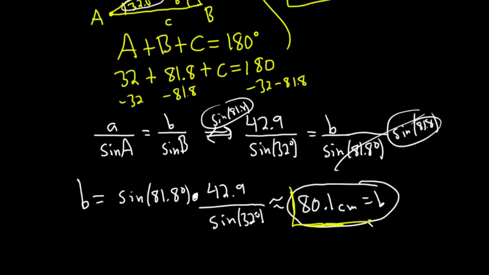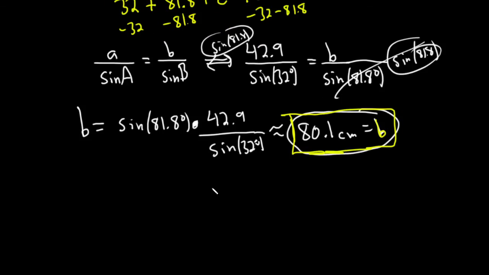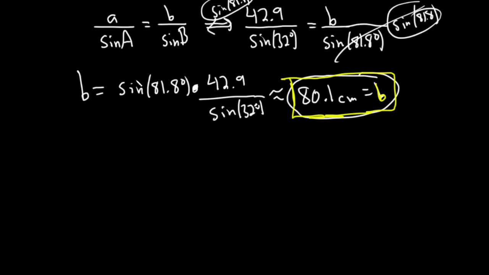So now we have little b as well. The only thing that's missing is c. And again, it's always better to use what you have. So I'm going to go ahead and use A and A again. So we have a over sine A is equal to, looking for little c, c over sine C. You could have used b, but we just calculated b, and so it's kind of like an approximation.